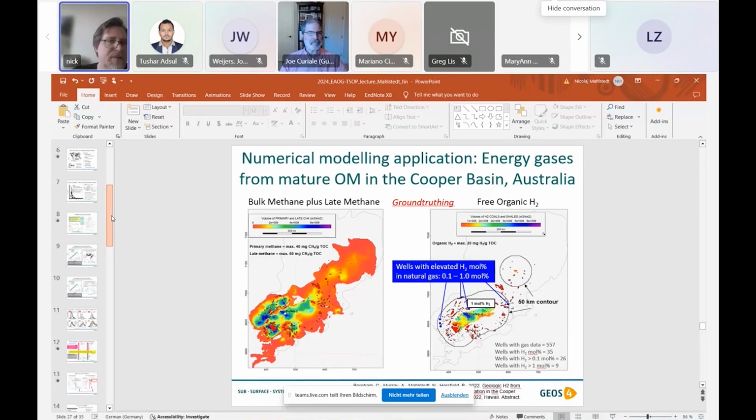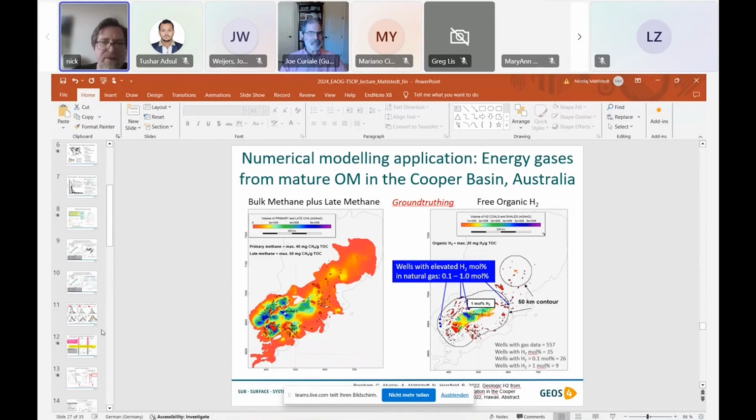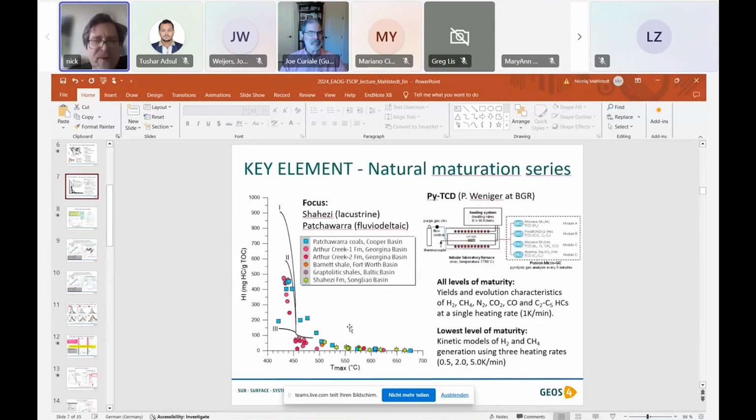We can take that from the hydrogen index versus Tmax plot. So we saw the blue coal samples. They were from the Patchawarra Formation, Permian coals, and they are not overly liptinitic. You see here the maximum HI is around 200 or 300.